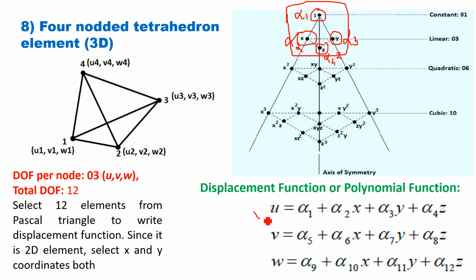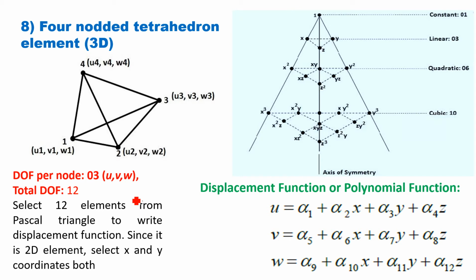Then similar to this u, the same 4 elements but different generalized coordinates alpha 5 to alpha 8 we are using for v, and alpha 9 to alpha 12 for w, where the 4 elements from the Pascal triangle are the same, that is 1, x, y, z. Right? So u, v, w are the displacement functions for the 4 noded tetrahedron element.